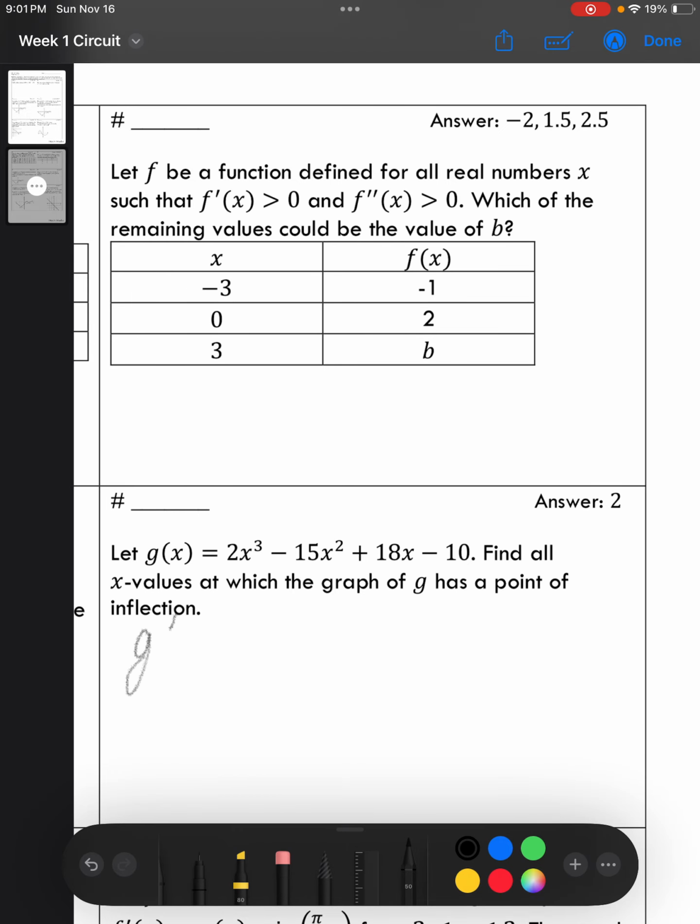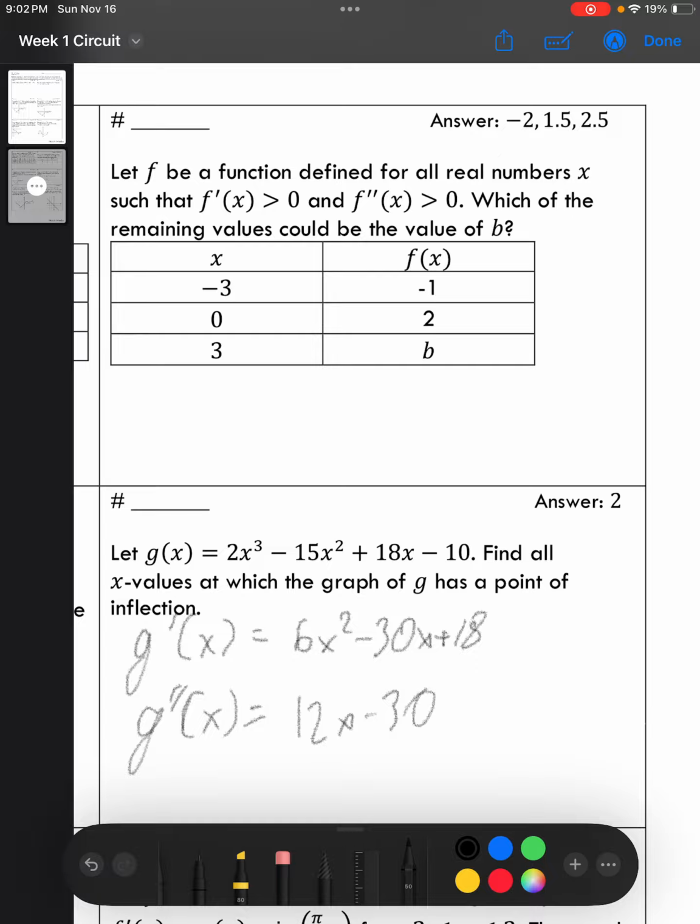So find g prime of x first. So just a bunch of power rules. So we would have 6x squared minus 30x plus 18. Then another derivative, we need to find g double prime because we need to find points of inflection. So this is 12x minus 30.